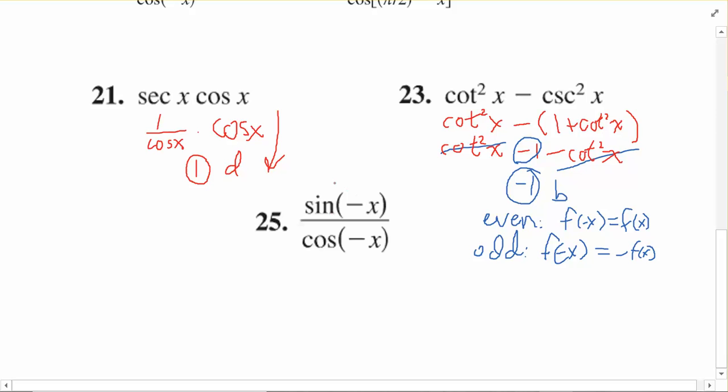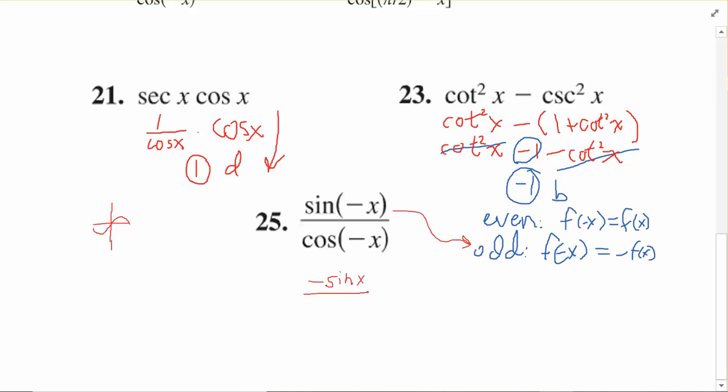I know that the sine is an odd function. You can tell because when you look at the graph, it looks like it's been reflected across the origin. So that means that the sine of the opposite of x is equal to the opposite of the sine of x.